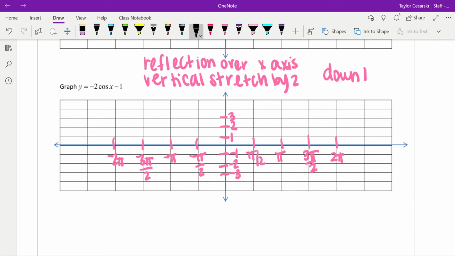So instead of starting at 1, I'm going to go ahead and start at -1. So again, it's just a reflection over the x-axis. And once you get started, you'll kind of start to see that pattern forming of that wave. Again, just moving from left to right.